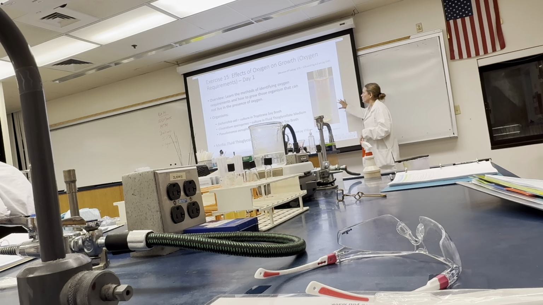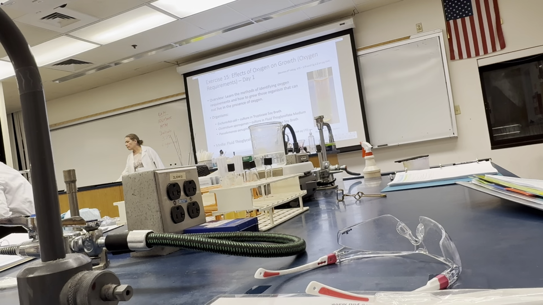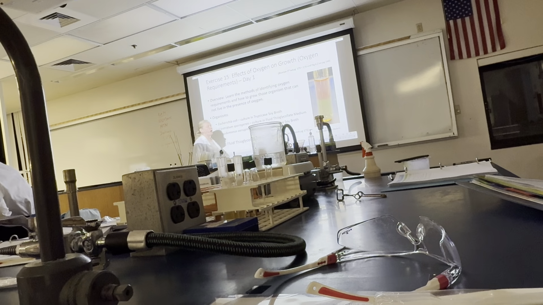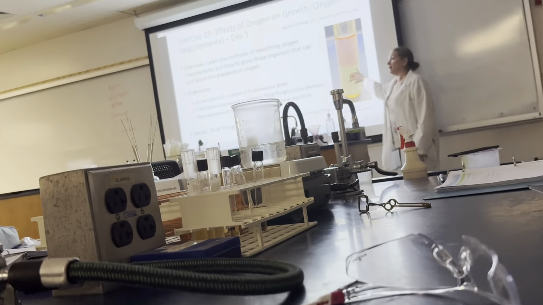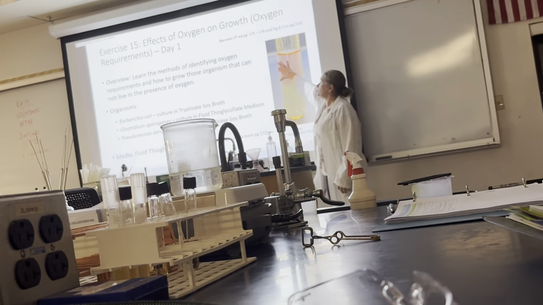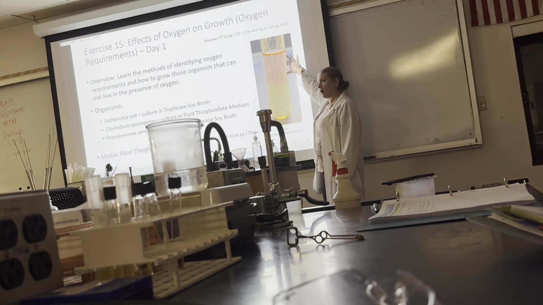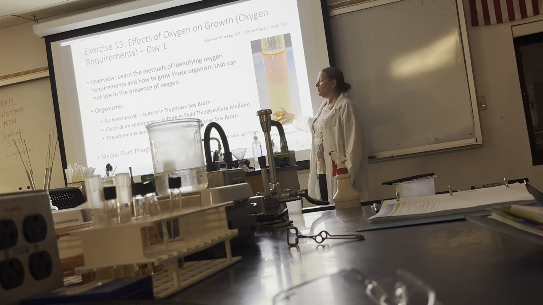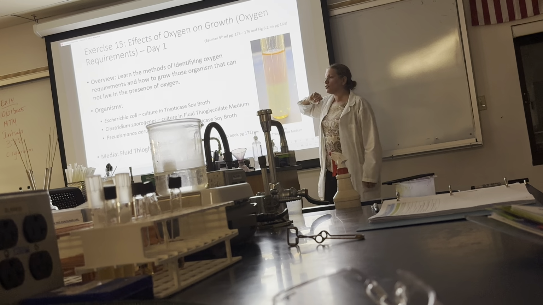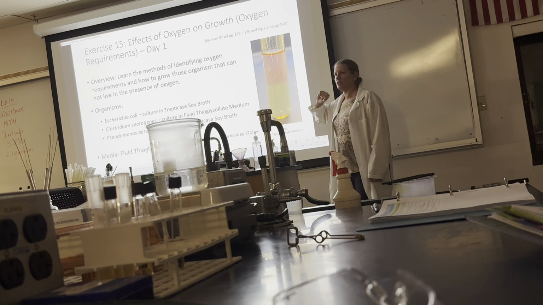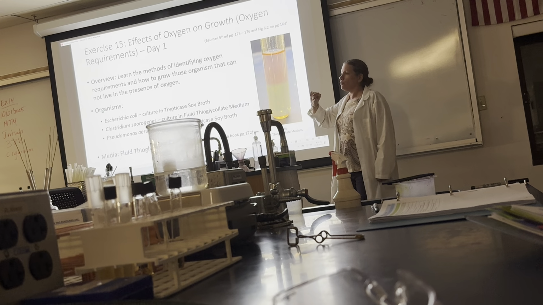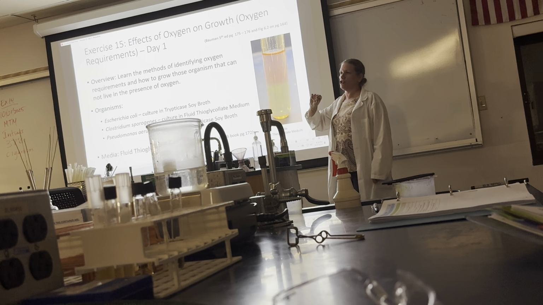Okay. And when you look at this media, I'm going to turn down the lights for just a moment. When you pulled this media, you might have noticed that there is a red at the top and yellow at the bottom. There is an oxygen indicator in this media called resazurin. Resazurin turns red in the presence of oxygen.